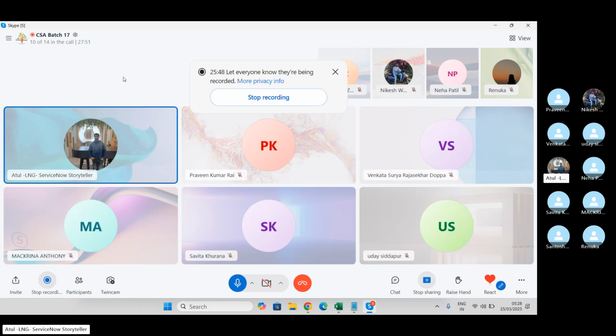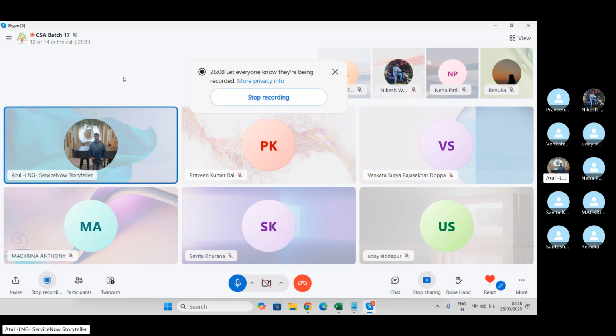So if I'm giving a question to you, I want you to find out the answer. Is every CI an asset, or is every asset a CI?